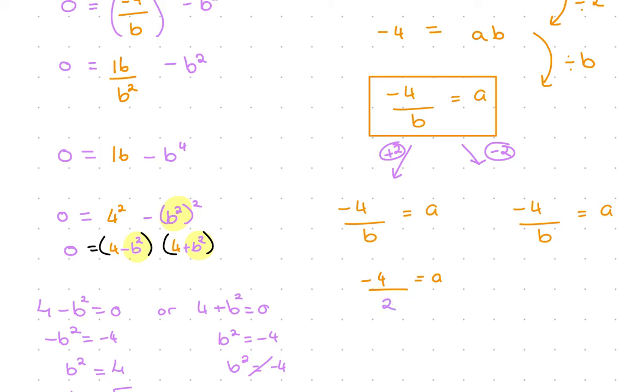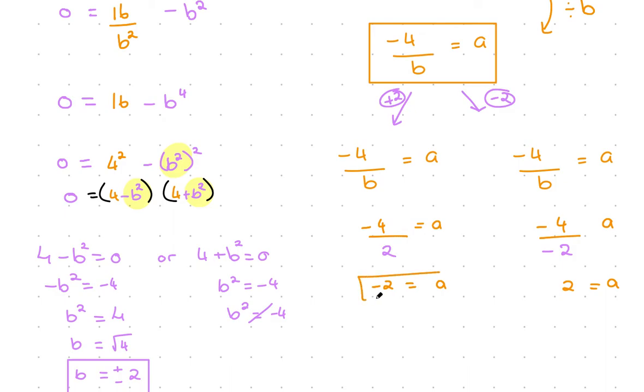And if we work that one out, we're going to get that a is equal to minus 4 divided by 2 is minus 2. On this side, we're going to get a is equal to minus 4 divided by minus 2. That's the option we were looking at in this scenario. And so we get minus 4 divided by minus 2. That works out to be a positive 2.